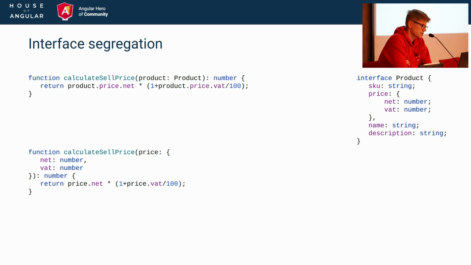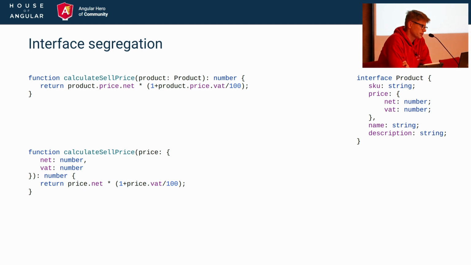And as you see in this example, we want to calculate the sell price. When we pass the whole product, the logic is pretty similar to the one on the bottom, where you calculate the sell price but only using a separate interface or a partial object, which only includes the net value and value-added tax.